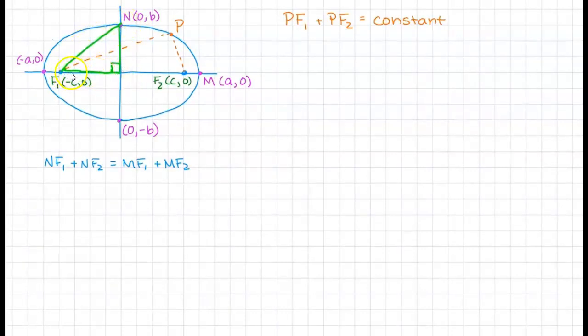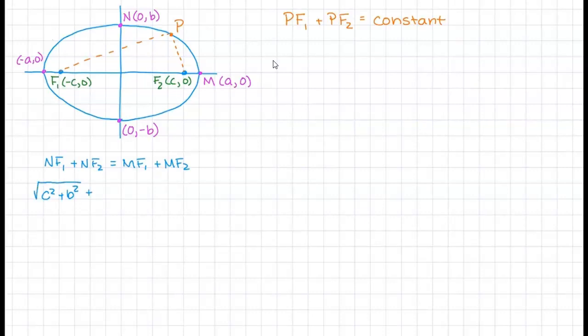I know this leg is C, and I know this leg is B, so C squared plus B squared equals the distance squared. And so that's what I'm going to use. I'm going to get rid of this triangle on the picture though. So C squared plus B squared would equal the distance squared, so I just have to take the square root and I get the distance.